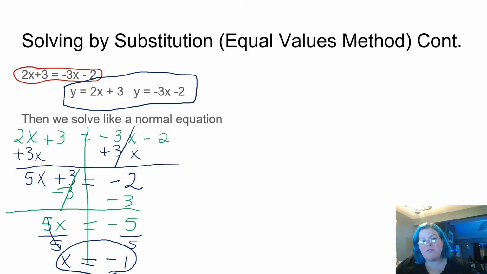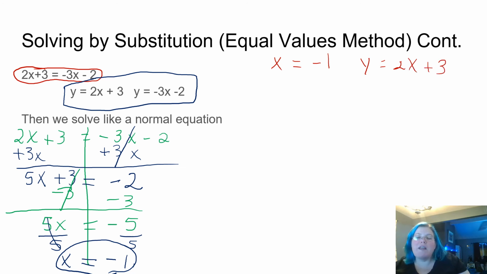I know the value of x now is negative 1. How do I get the value of y? So what we are going to do is take what we know, x equals negative 1, and we know y equals 2x plus 3. We're going to make a substitution.